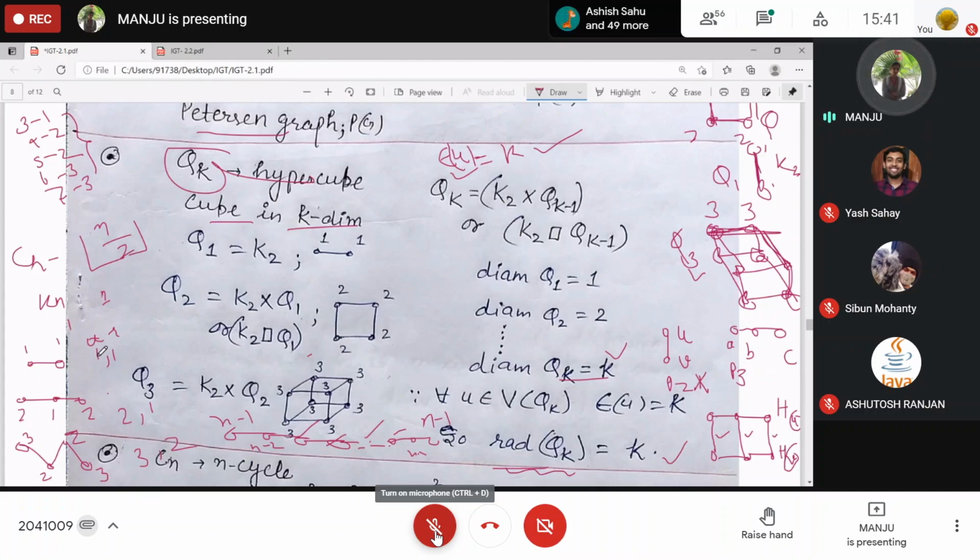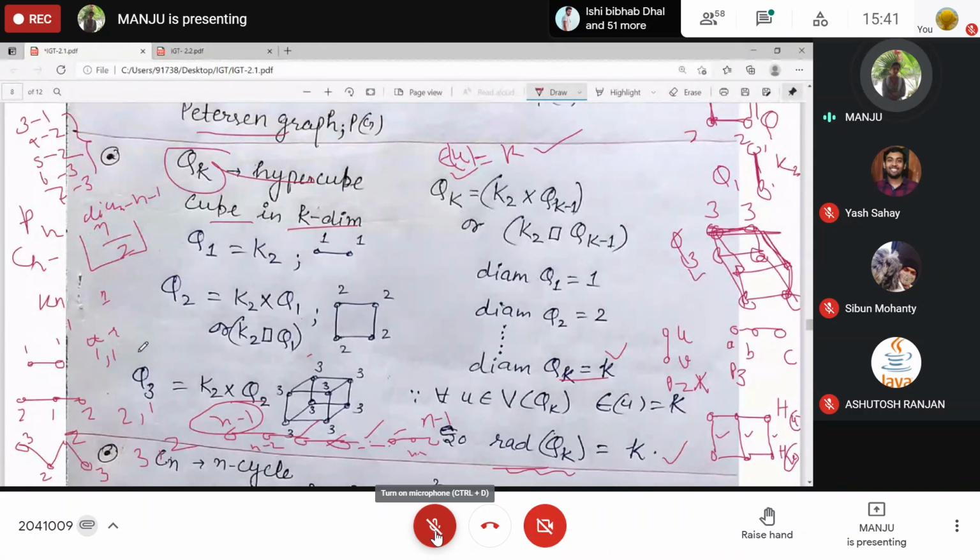So diameter is just 1 less than n, right? You look at this line. For P2 it is 1, P3 it is 2, for P4 it is 3, for P5 it will be 4. The maximum is n minus 1. So for Pn, diameter is what? N minus 1. What about radius?